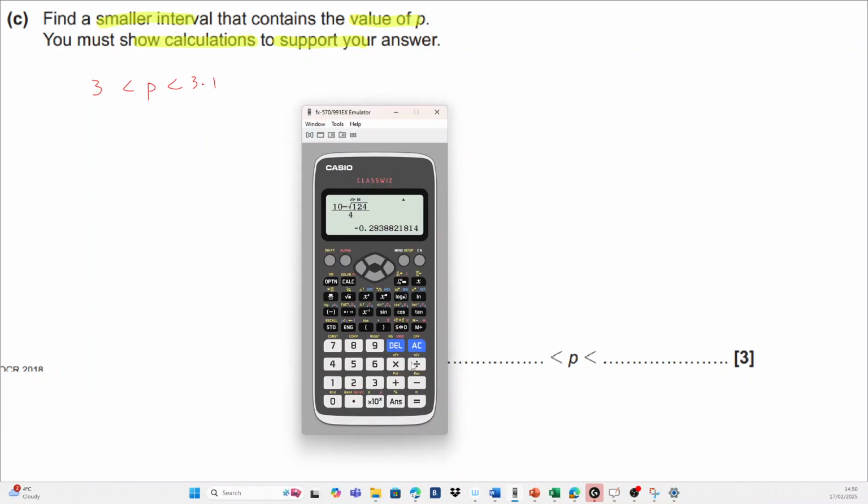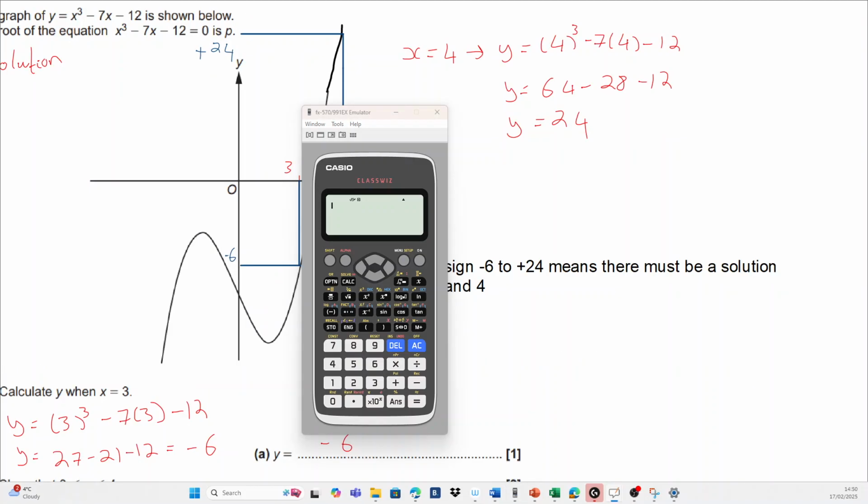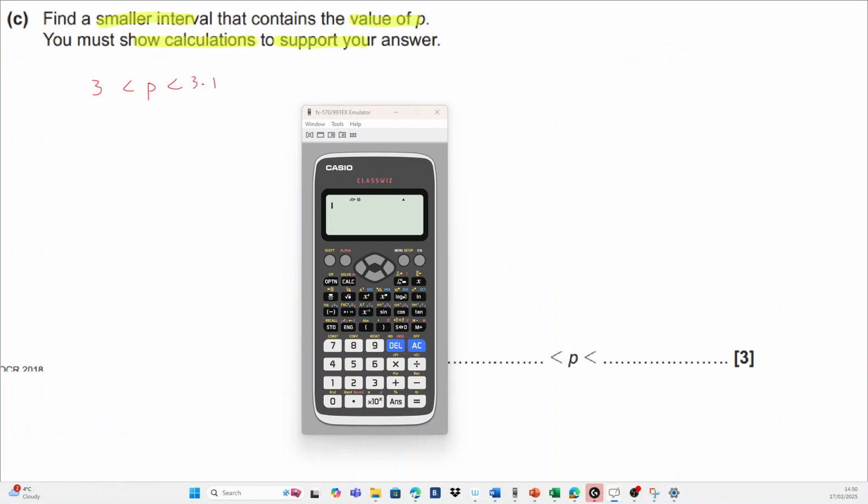Let's also make a note of the equation again, which is y equals x cubed minus 7x minus 12. So when we do this for the first one, when x is equal to 3, let's just go and whack it into the calculator.